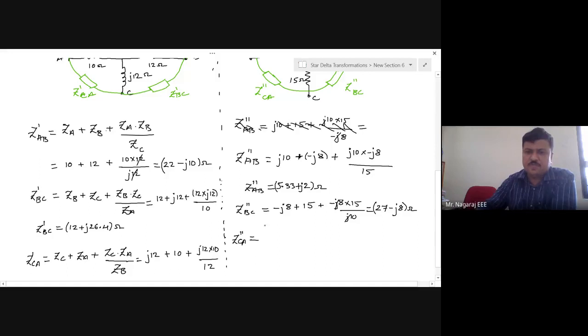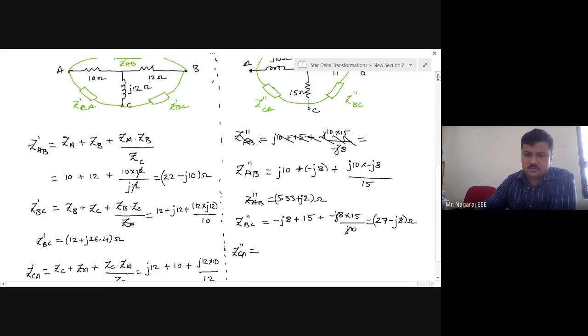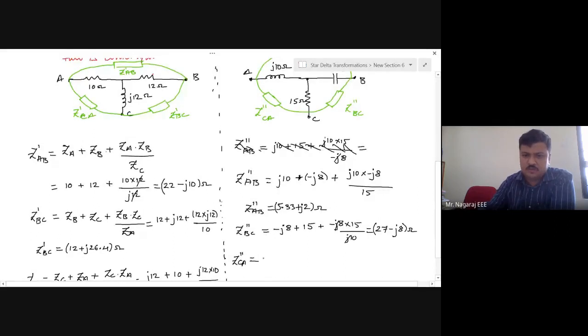ZCA double dash is equals to ZC 15 plus ZA J10 plus 15 into J10 divided by minus J8, that is ZB.